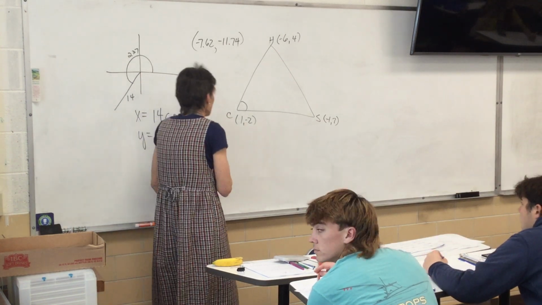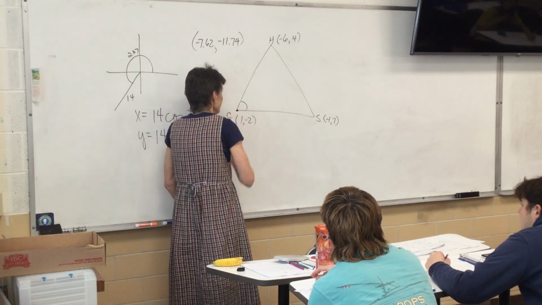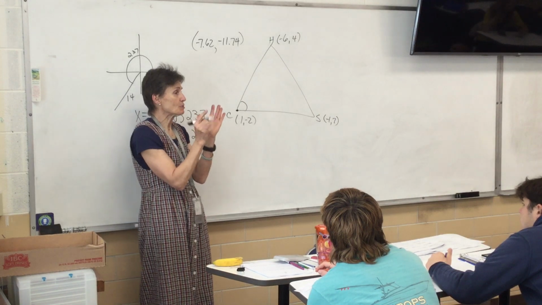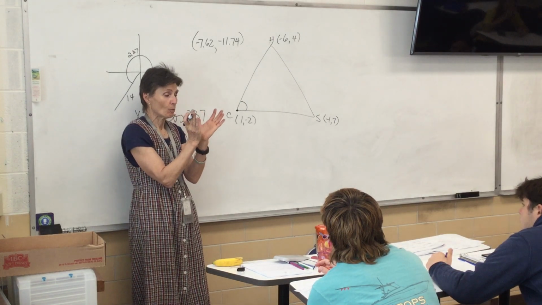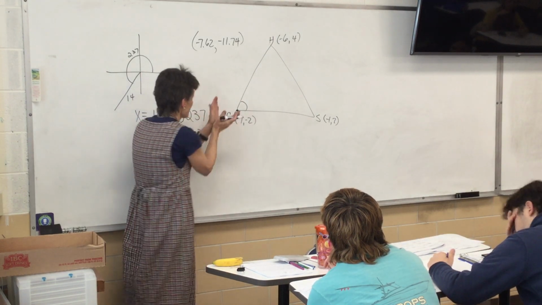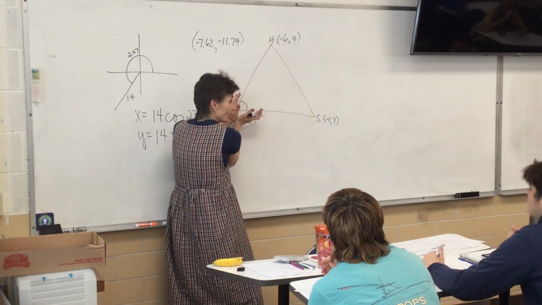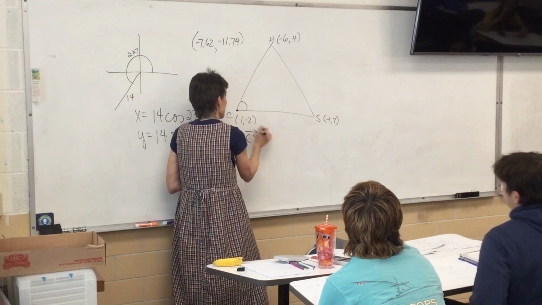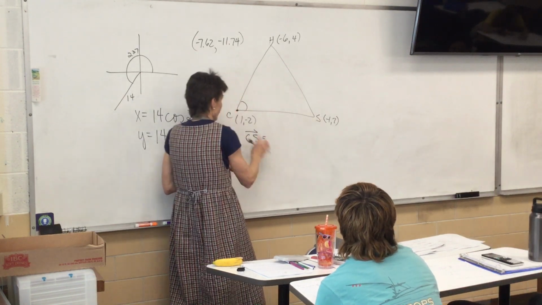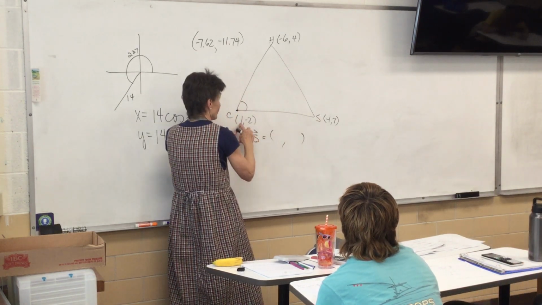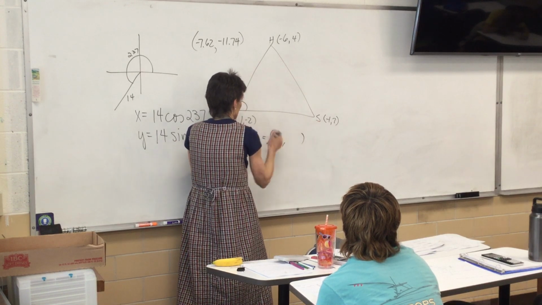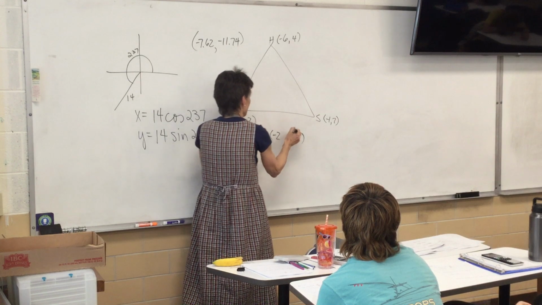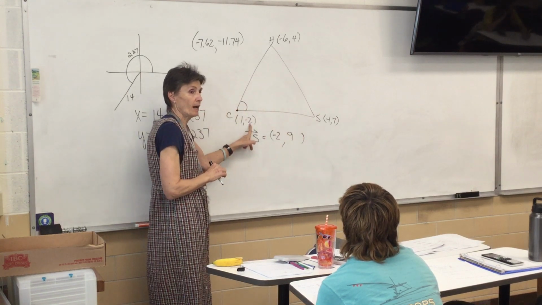I want you to think about this angle right here, and from geometry we know that an angle is the union of 2 rays with a common endpoint. So in other words, angle C is right here, right? What are the coordinates of vector CS? This vector right here. What are the coordinates of that vector? Negative 2, 9.